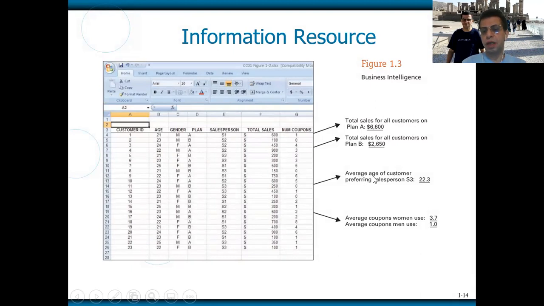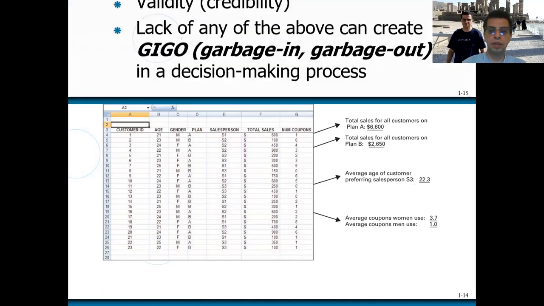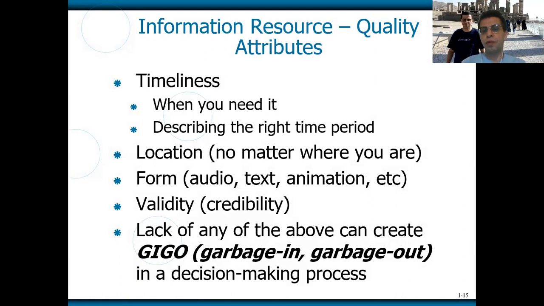It gives you the average age of customers preferring a salesperson. So it extracts multiple data, puts it together, and gives you new information, a combination of these pieces of information.